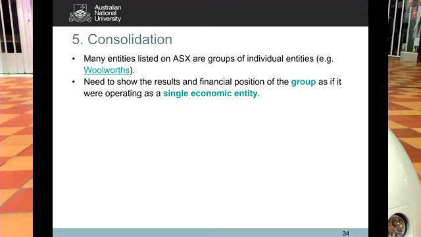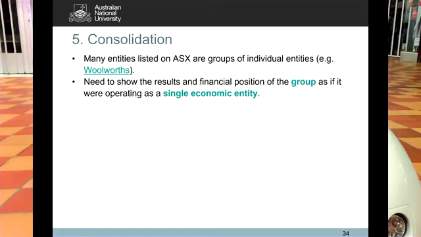So why is it so important? Because many companies are a group. So they are groups of individual entities. If you look at Woolworth, we all know Woolies, right? If you look at their financial statements, you will realize how many entities are in them. They actually have over 100 subsidiaries.